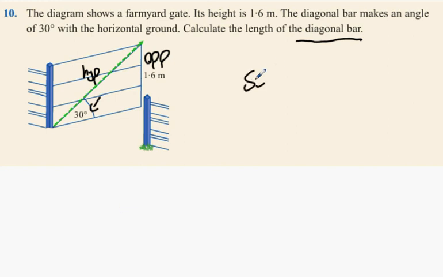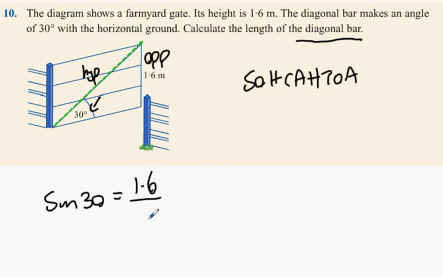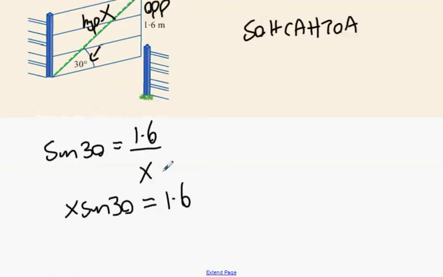So SOHCAHTOA. Which one are we going to use, Noah? Opposite and hypotenuse. So sine 30 degrees is 1.6 over x. Call it x. No, bring the x up. Nearly. Now, the x isn't on its own yet.